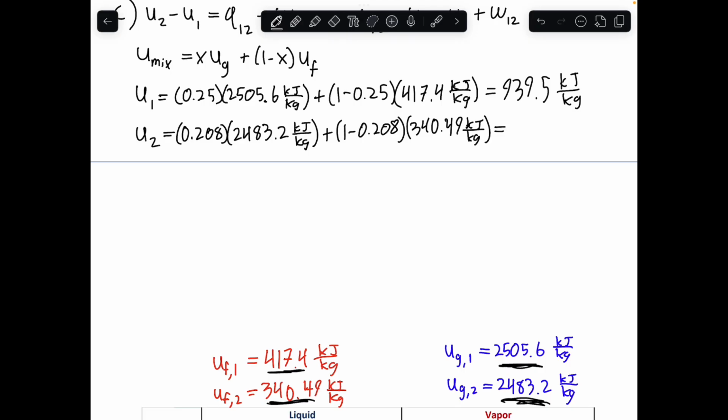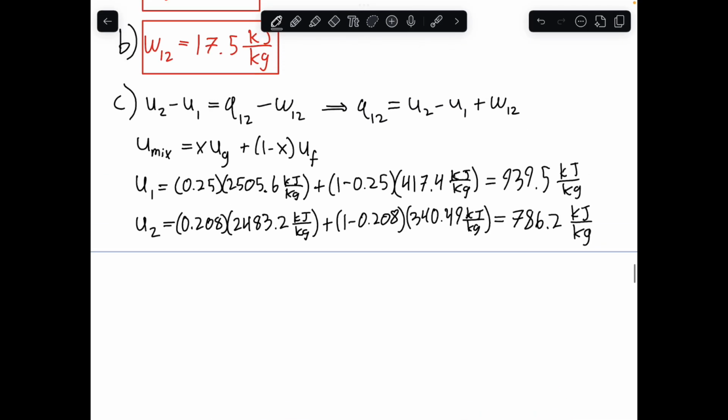And then this should evaluate to 786.2 kilojoules per kilogram. So now we have everything that we need.